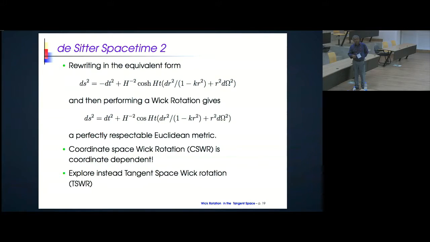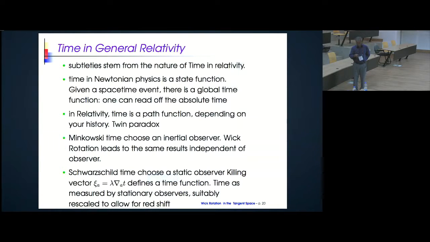Instead, I'm going to explore tangent space Wick rotation, and here's the idea behind it. Well, before I explain the idea behind it, let me tell you what the problem is. The problem comes from the subtleties of the nature of time in GR. Time in Newtonian physics is a state function. It's a universally given function on the space-time manifold. In relativity, time is a path function depending on your history.